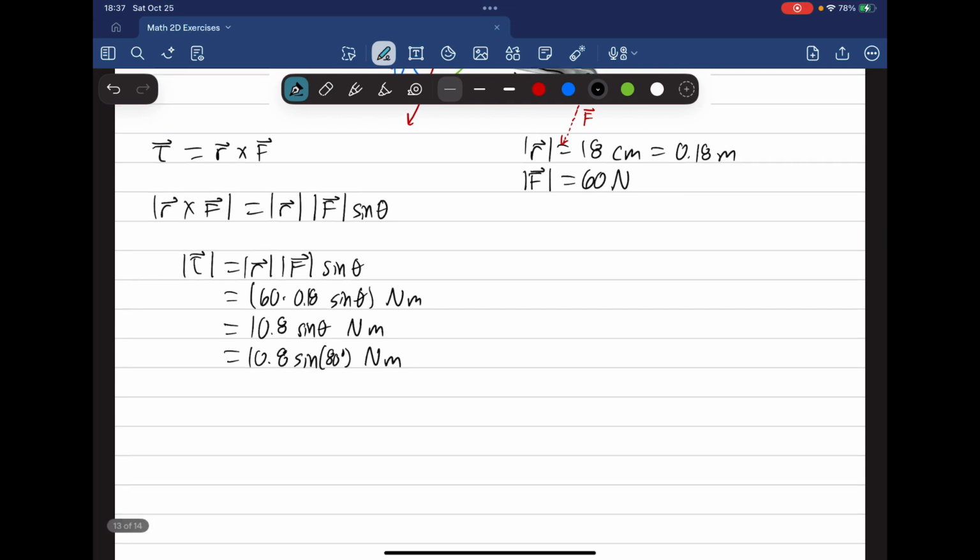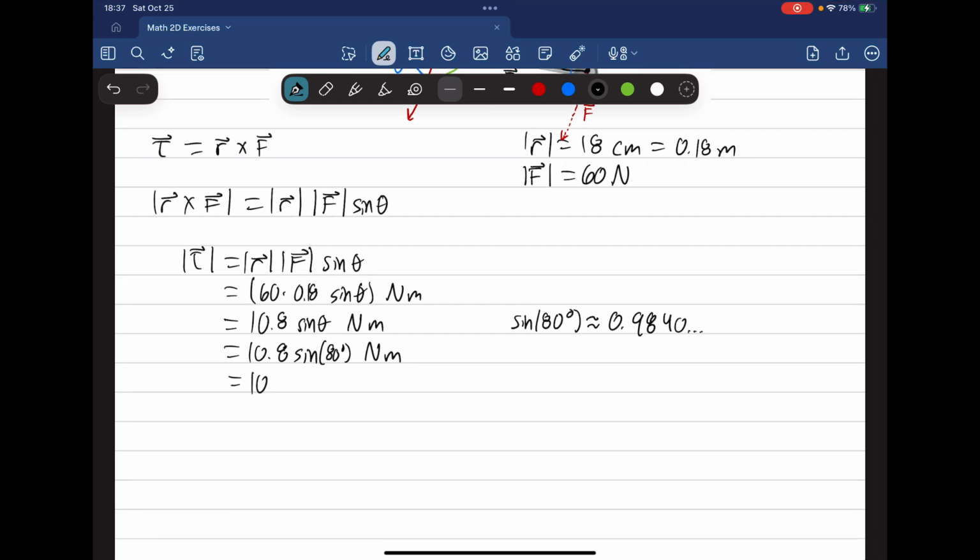The sine of this angle is approximately 0.9840 on and on. And so when we calculate the product of these two, we're going to get approximately 10.636 Newton meters, rounding to 3 decimal places.